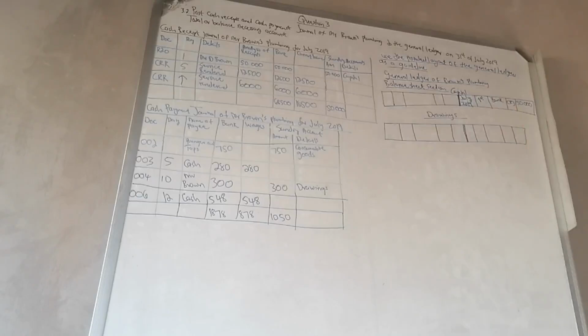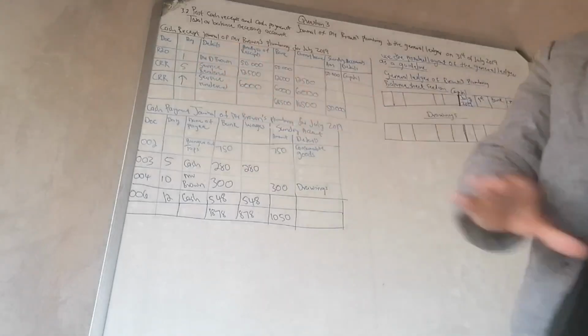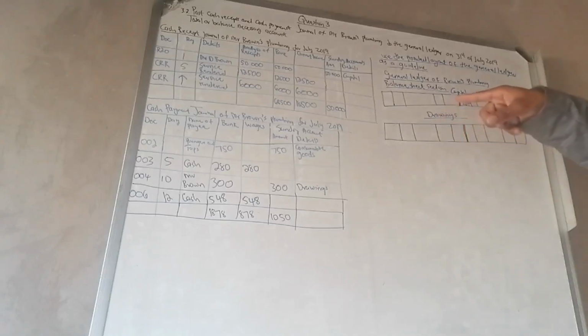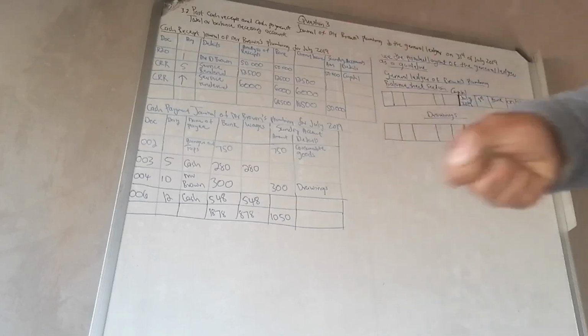Because the account was credited, we are going to find our information on the cash payment. We took money to pay for something. It's a drawing. Money was drawn out of the account, and we paid with cash. That's why a cash payment.